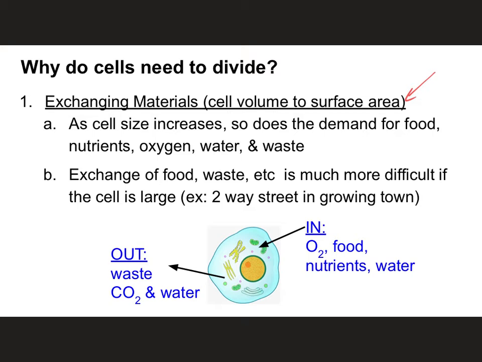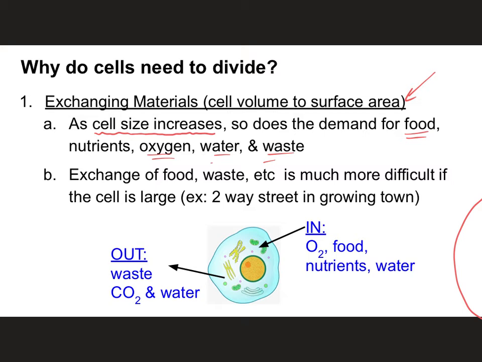One way to become a bigger organism is to just make your cells grow. But what if your cell was twice as large as it's supposed to be? Well, it has more demand for food, it needs more oxygen, it needs more water, and it's producing more waste. That's actually a problem because you would need more of everything.